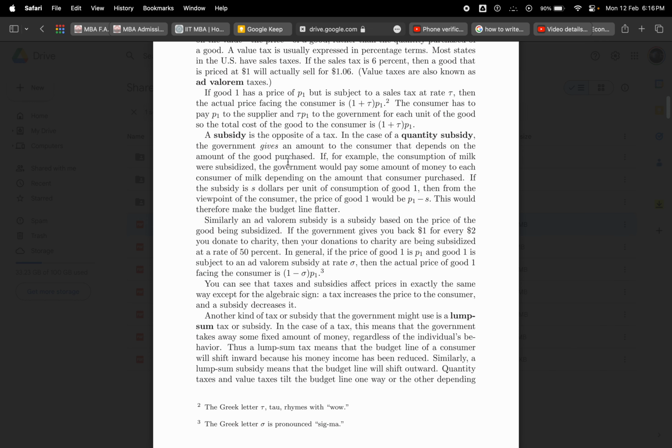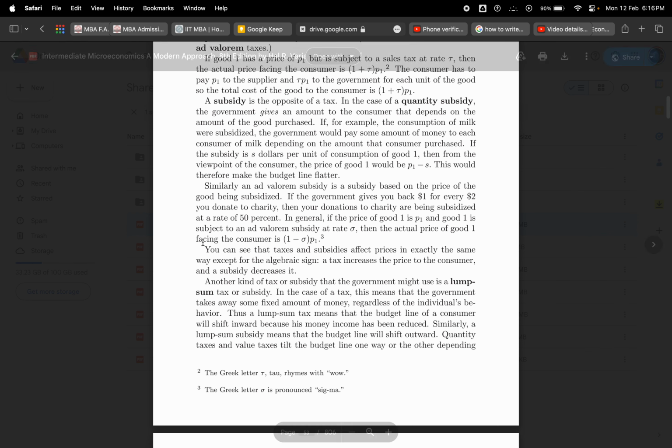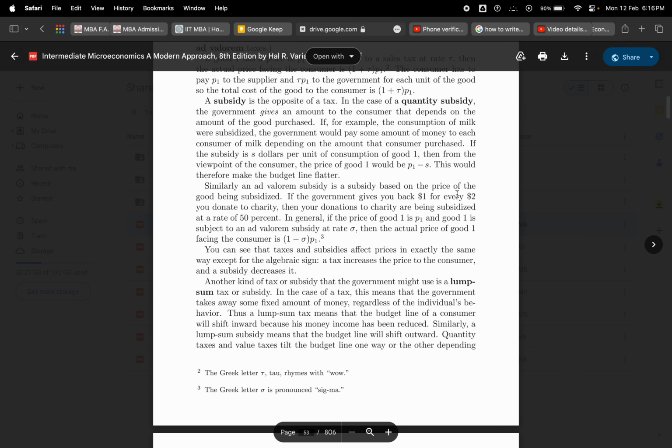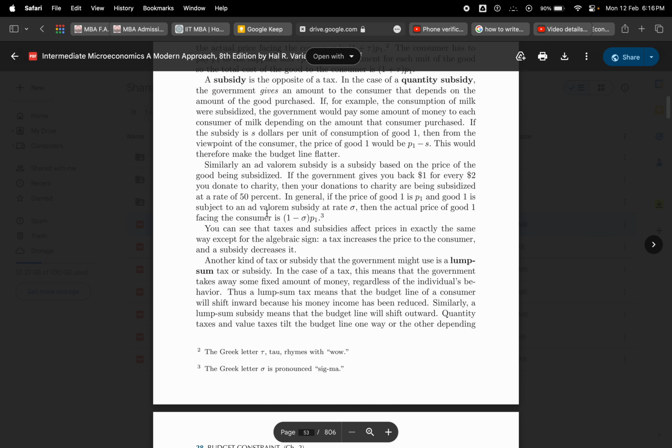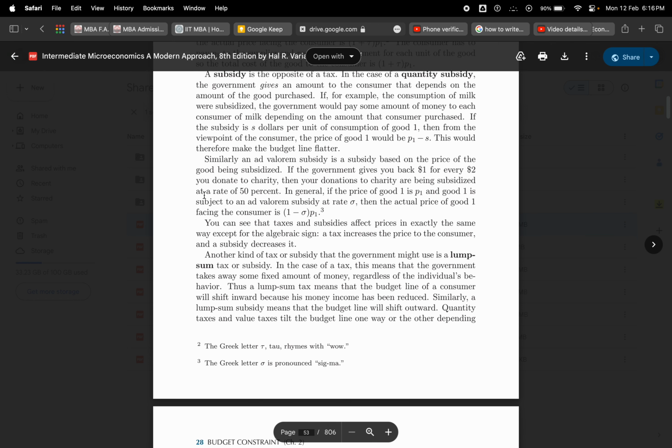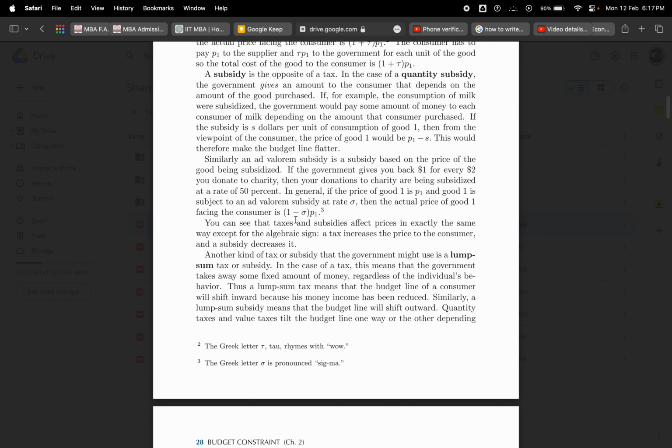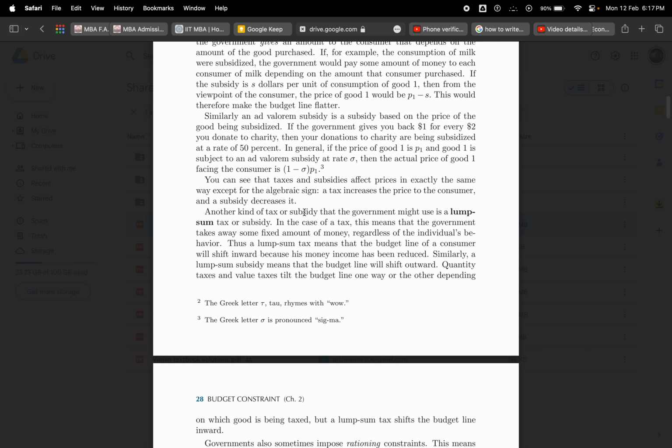So subsidy is quite the opposite. It reduces the prices. In case of quantity, it would be minus S, while we had plus T in that. And if you're talking about ad valorem subsidy, then it's based on the price of the good being subsidized. So the government gives you back $1 for every $2 you donate. Then your donations to charity are being subsidized at the rate of 50%. It's quite the opposite even in calculations.